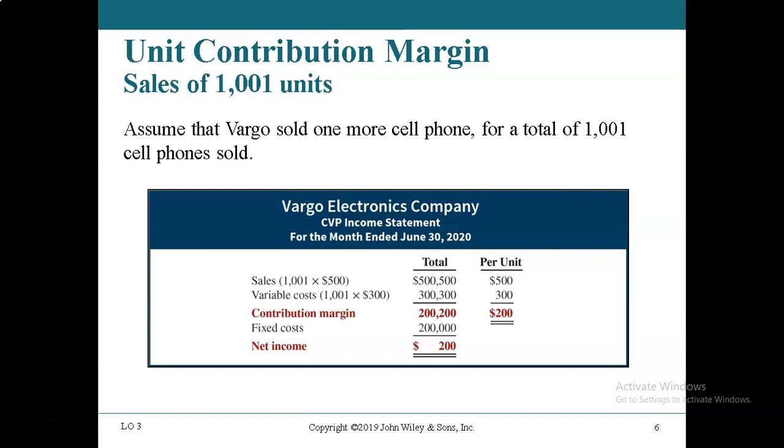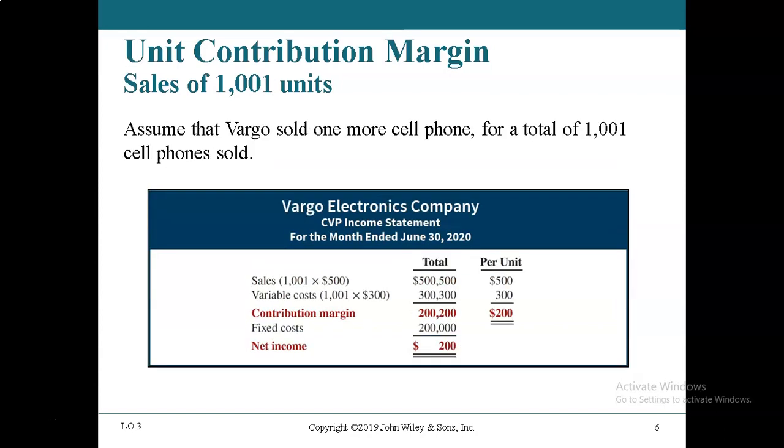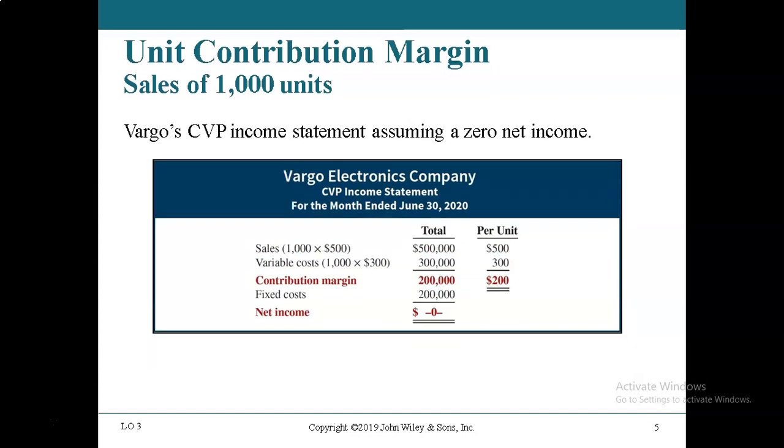Okay, so remember that the contribution margin per unit was $200. So in this slide, and in that slide, the only difference is that here you're making 1,000 units. So you can see at the top here, you're selling 1,000 units. What if you sell 1,001 units, like you sell one unit more?